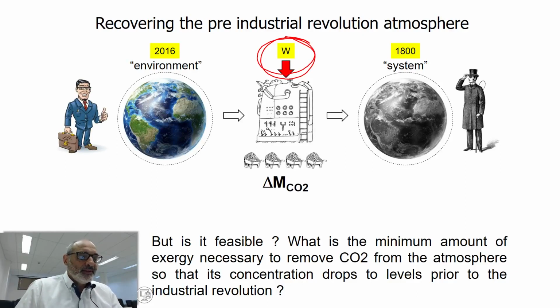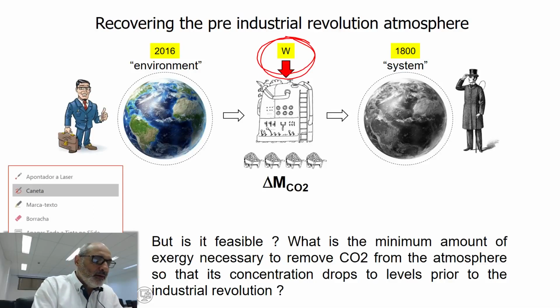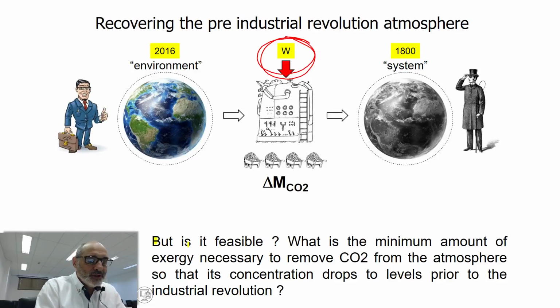The question is, is this feasible? Because this amount of energy, this amount of work may be impossible, okay? Maybe, I don't know, 2 or 3 times the total energy of the sun. But let's suppose it's feasible.